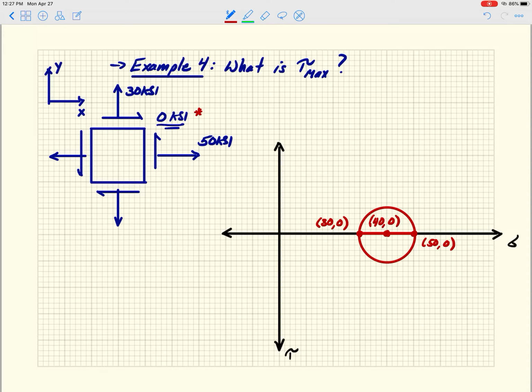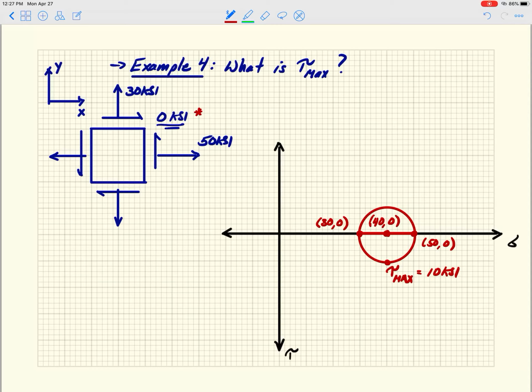Right? Okay. So in a principal state of stress, where my tau xy is 0, right? You could see this guy here becomes tau max, and that actually equals 10 KSI, right? Well, you can either see it, right, which is great.